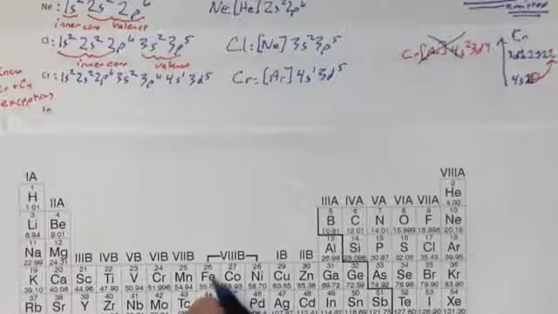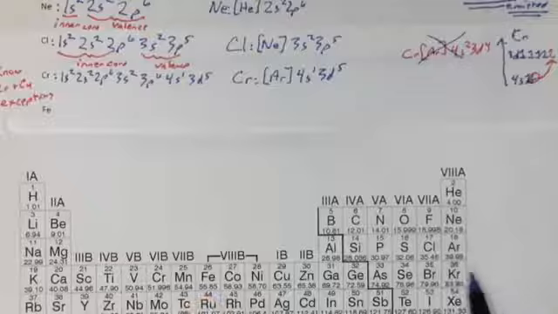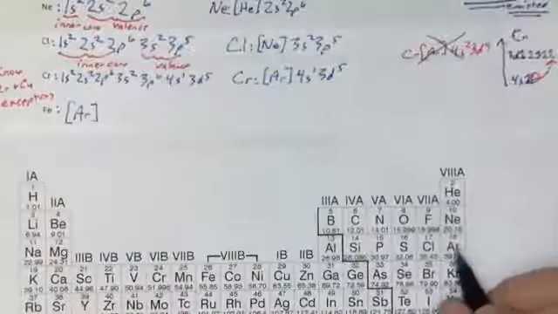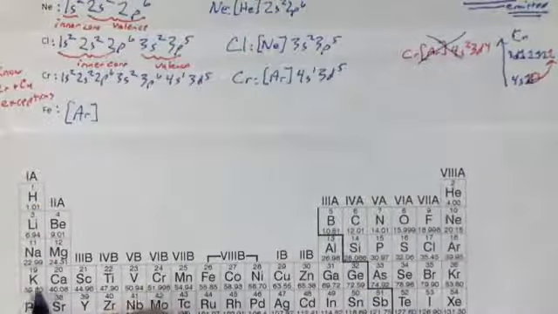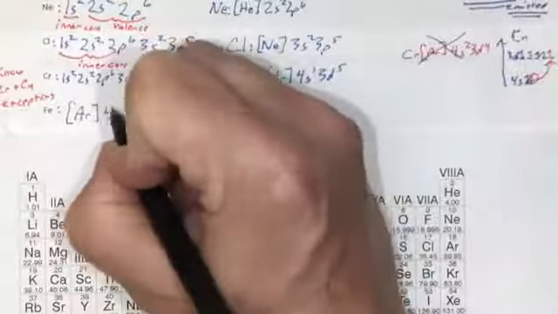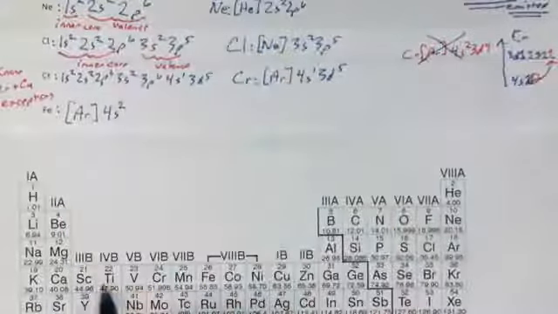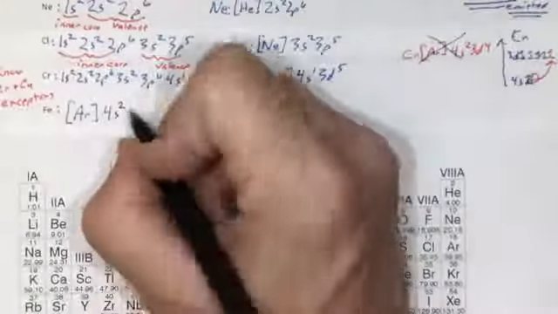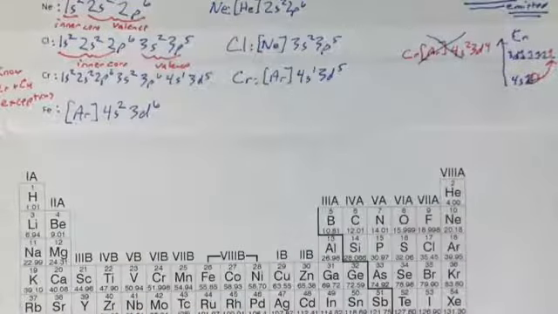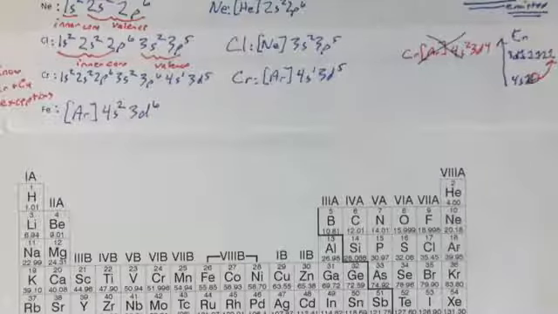Iron is a transition metal, so let's do the abbreviated electron configuration. The noble gas is argon, and following argon, this is not an exception, so 4s2. I know it's 4s because 1s, 2s, 3s, 4s2. And then 3d, 1, 2, 3, 4, 5, 6. 3d6. So that's the abbreviated electron configuration.